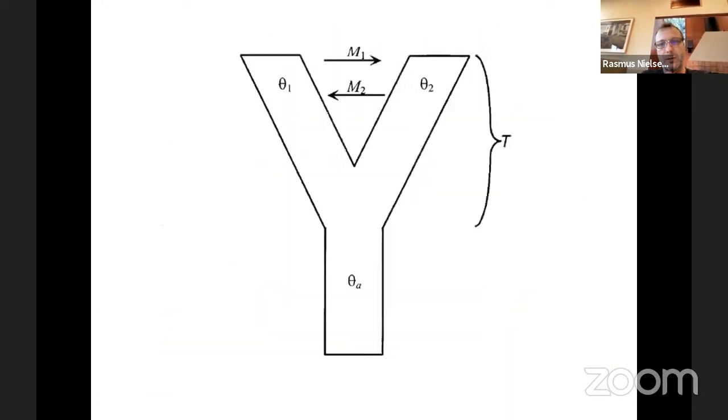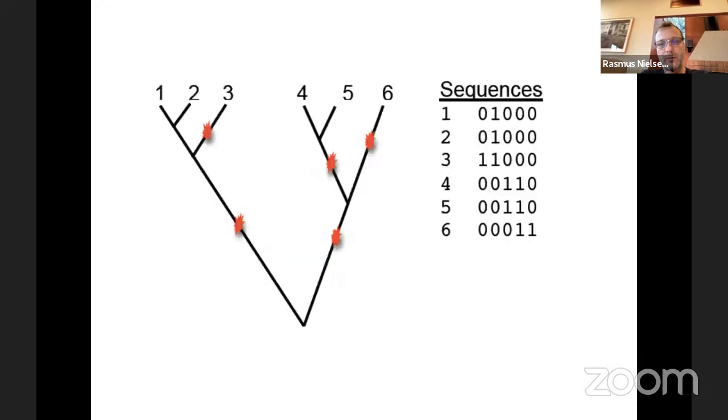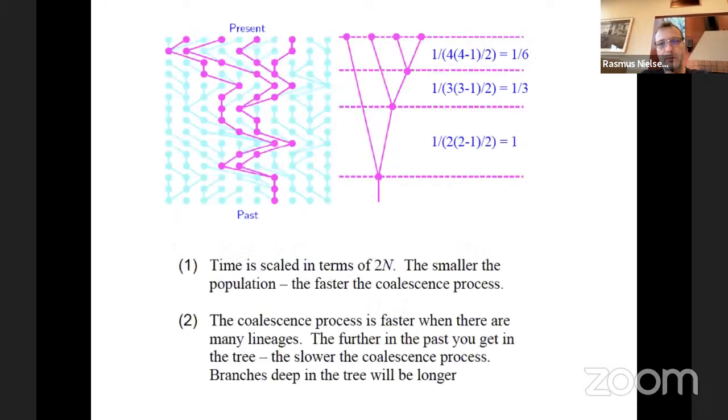And let's just go back to those. We have them here. The expected time in the tree in which there are 3 lineages is a third on the coalescent scaling. And the expected time in the tree in which there are 2 lineages is 1. All right, so take this down.